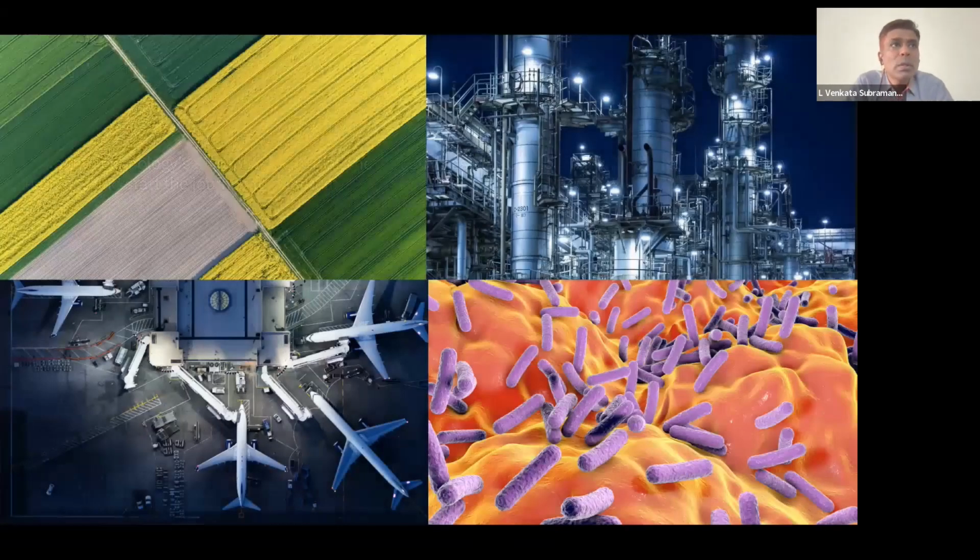We are seeing applications across the board, whether it is agriculture, image processing, energy, manufacturing, airports, logistics, or drug discovery and pharmaceuticals. A lot of these areas, people have begun to explore how quantum computers can play a role and what is that advantage that they can bring.